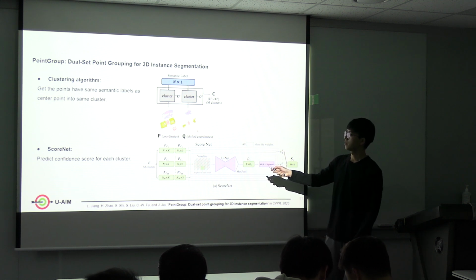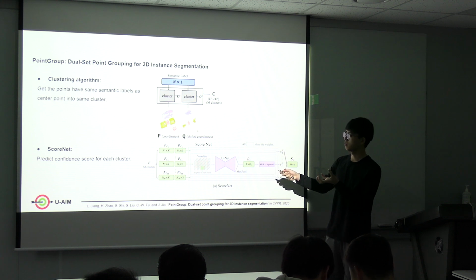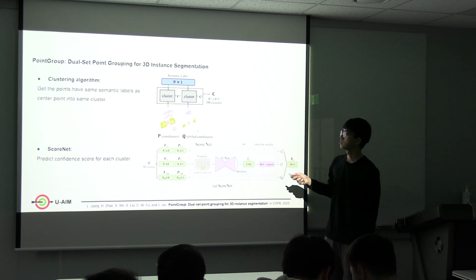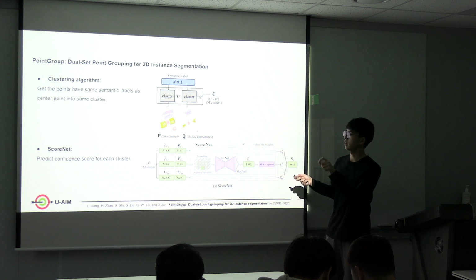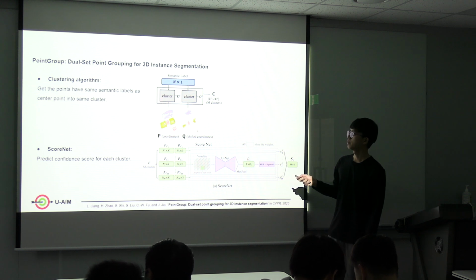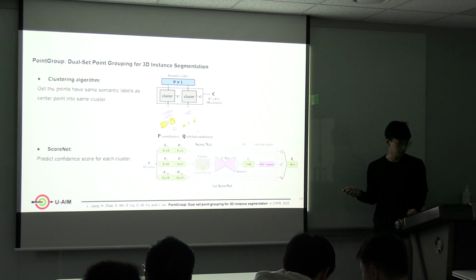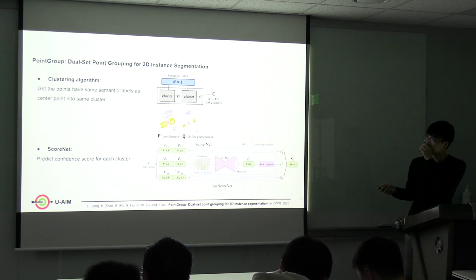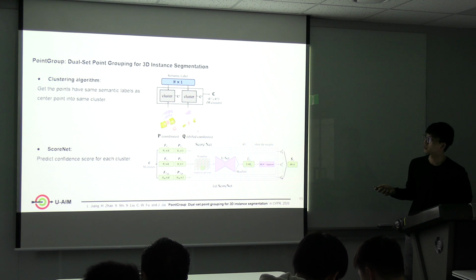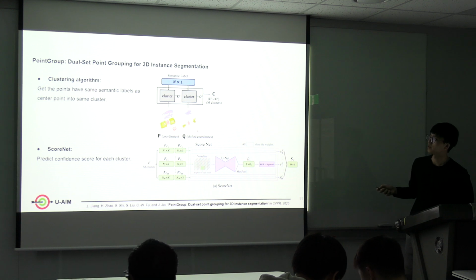So the point we define here is the center, and if any point inside that radius has the same semantic label, we assign them to one cluster. They will do that clustering algorithm on the shifted points. The shifted point is the original coordinate plus the offset we predicted before.